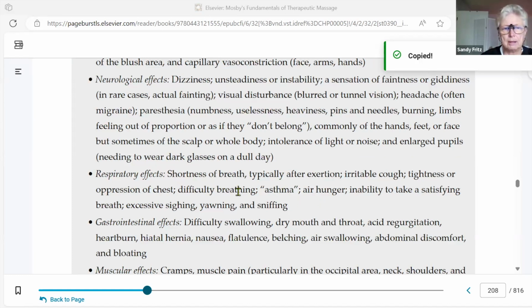For example, I might say to somebody when I'm doing an intake, do you have a little bit of an irritable cough, or are you clearing your throat a lot? You can notice that the person is sighing or yawning or sniffing.